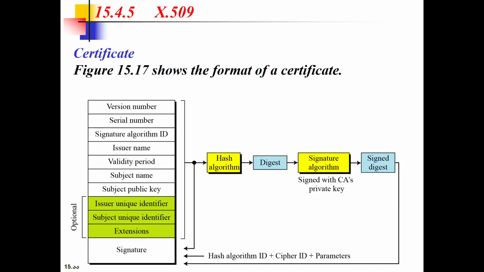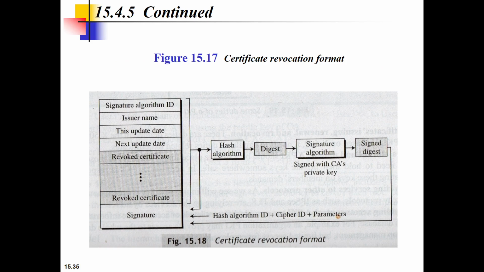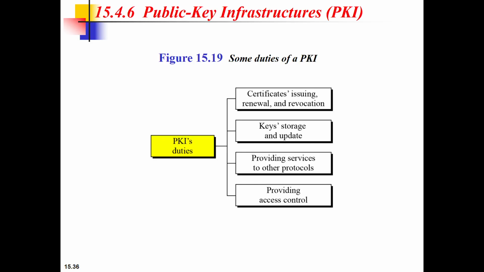Now X509 is the format of the certificate which is sent out by the certification authority. And there is a concept called certification renewal and revocation, which is used to keep the certificates fresh and update the certificates whenever required. And certificate revocation also has a format as we've discussed.